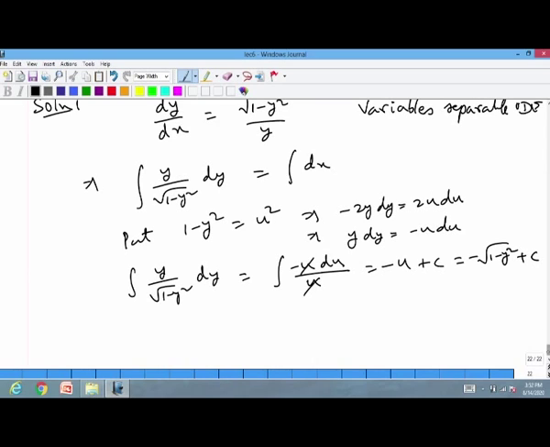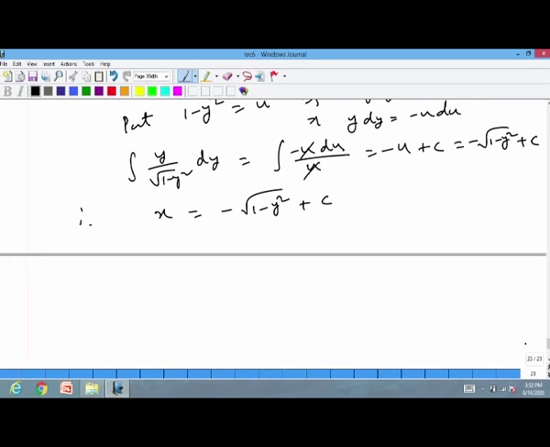So, we get x is equal to minus square root of 1 minus y square plus c. So, this can be written as square root of 1 minus y square is equal to c minus x, which implies 1 minus y square is c minus x square, or I can write this as x minus c square also.